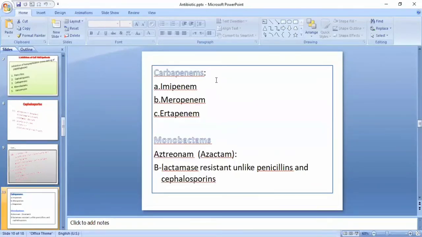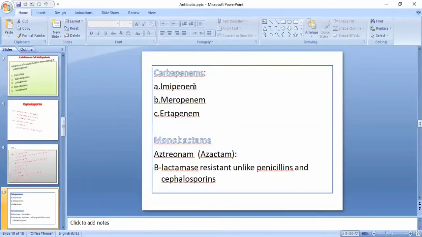is the carbapenems. Carbapenems are also important drugs. They are very expensive and they are used in multi-drug resistant typhoid fever. Nowadays, typhoid fever, also called enteric fever, is becoming day by day resistant to antibiotics. So the last resort of treatment is the carbapenems.